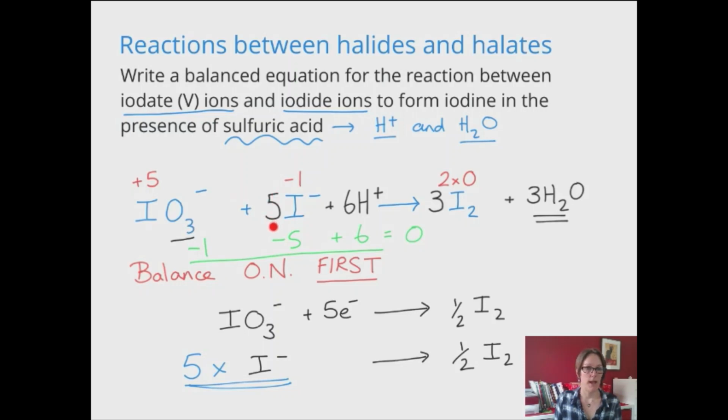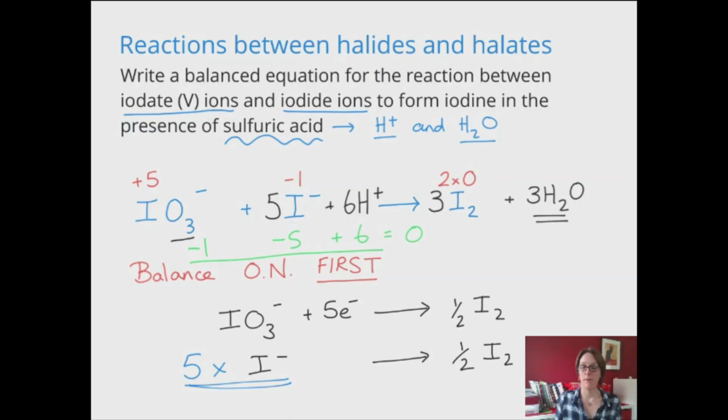Watch out as well, all that happens if I want to change this for a different example. For example, if I had iodate 7, all that would happen is I'd have more oxygens, so it'd be IO4 minus, and I'd need 7 iodides. So if I had iodate 3, I would need 3 iodides because I'm going from 3 to 0, so I need 3 iodide ions to lose their electrons.